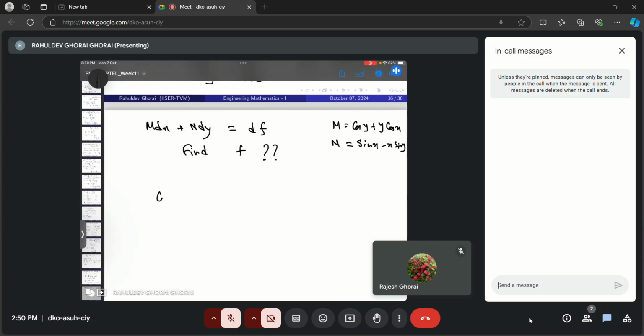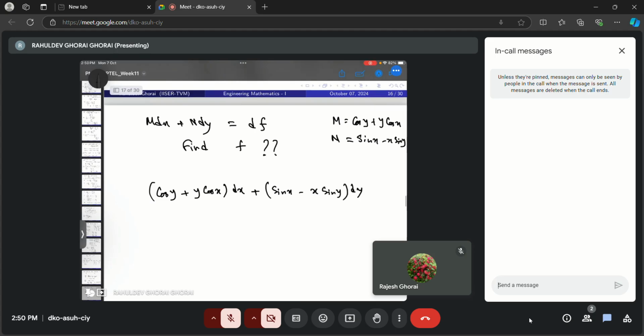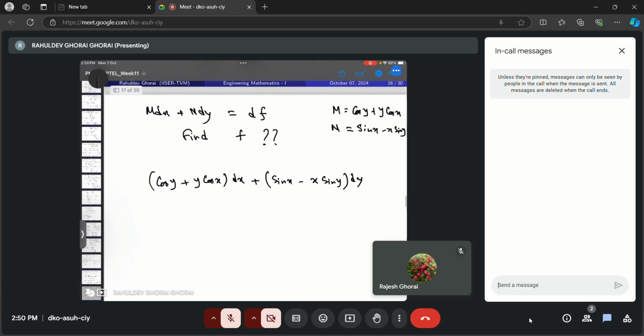So cos y plus y cos x times dx, plus sin x minus x sin y dy. So that is equal to cos y dx plus, if I take, sin x dy.